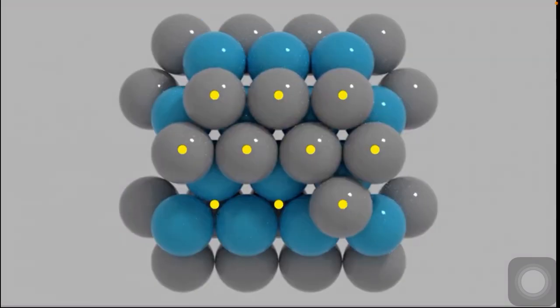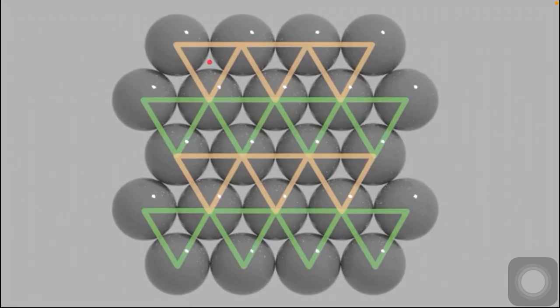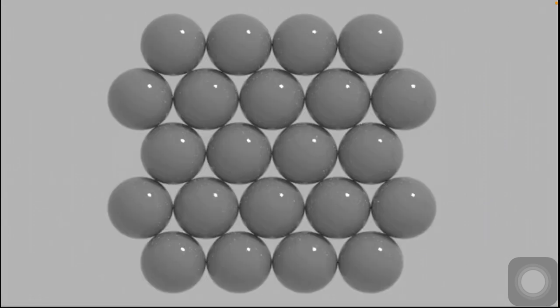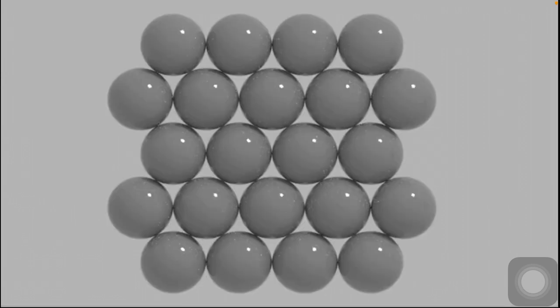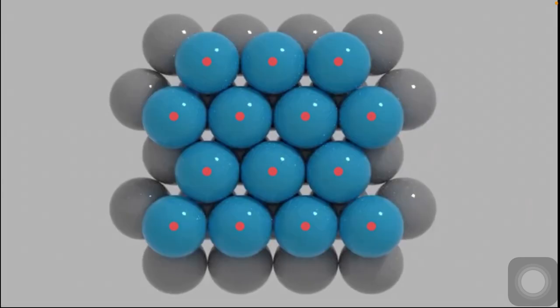I'll repeat all the stacking of atoms again. Let's start with the first layer, and the side view of the first layer is like this. Then mark the voids present in between the first layer. Then place atoms on these points which are marked with red color. Now again mark points for the third layer.